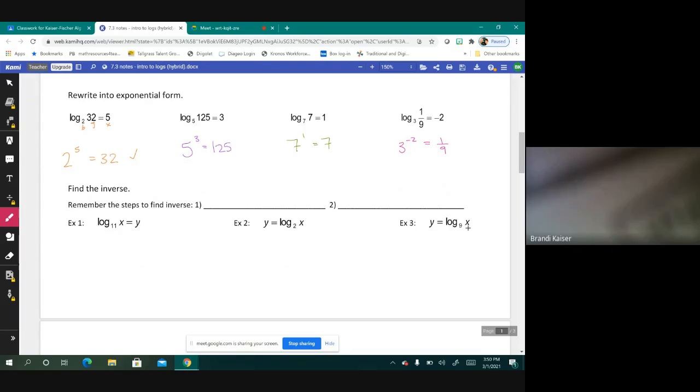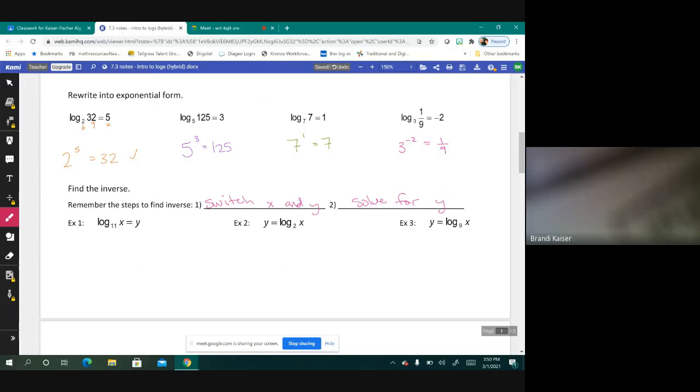So in order to find an inverse, the first step is switch x and y. Okay. And then the second thing is solve for y. Make sure you get the y by itself. Okay. So those steps are still the same here when it comes to logs and exponentials. You just want to make sure you look carefully, or you write things in the correct order, which helps whenever you are solving.